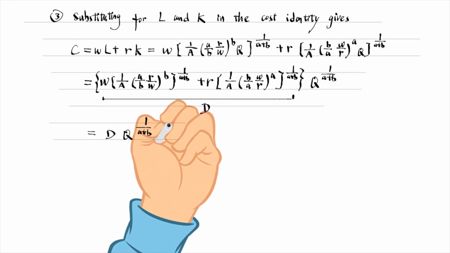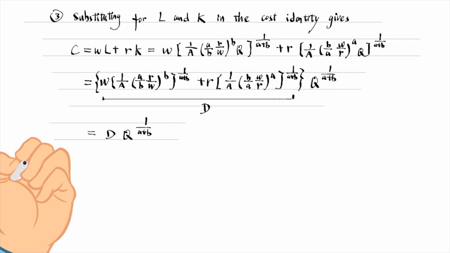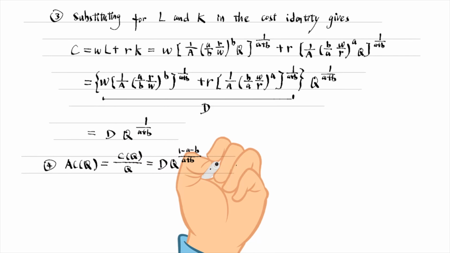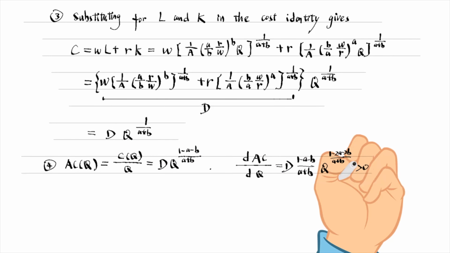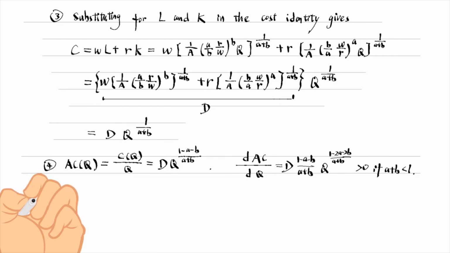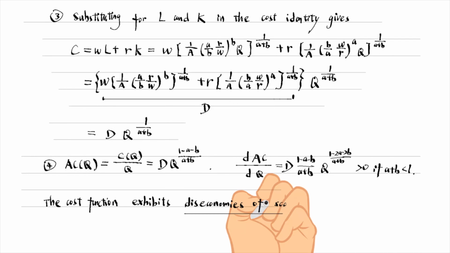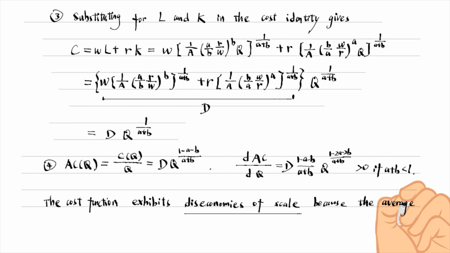In the fourth step, we find out the property of this cost function. We write the average cost and then find the derivative of the average cost with respect to output. It is positive. The average cost rises as output increases, so the cost function exhibits diseconomies of scale.